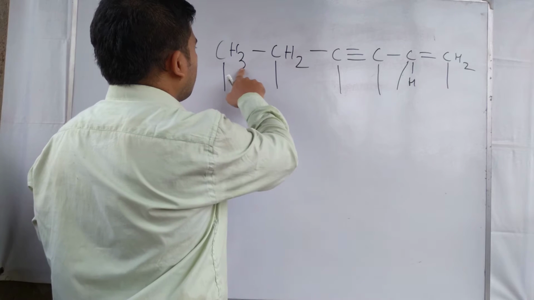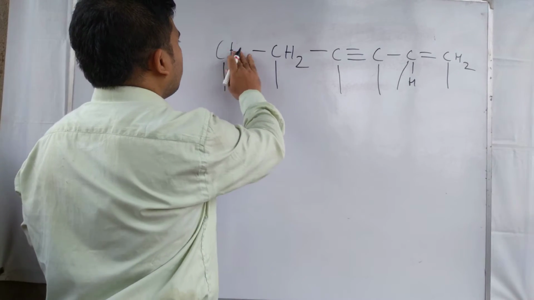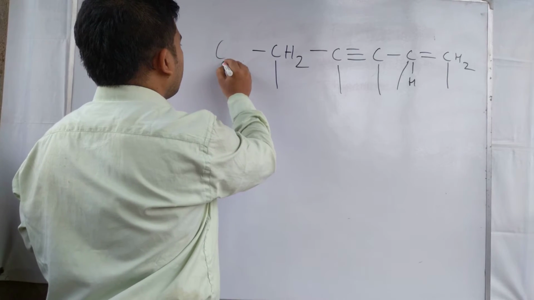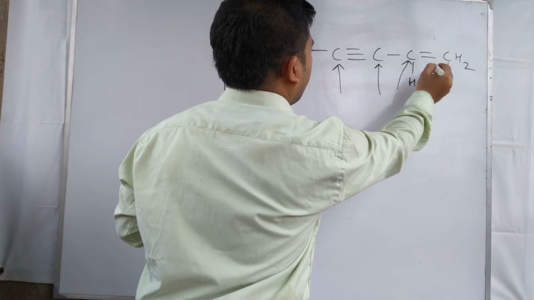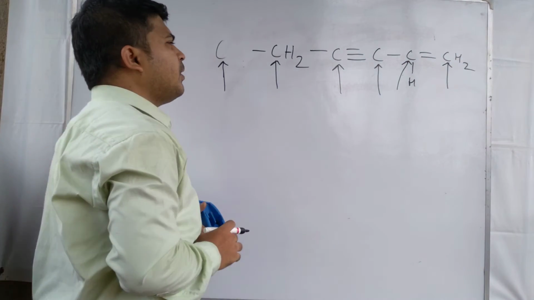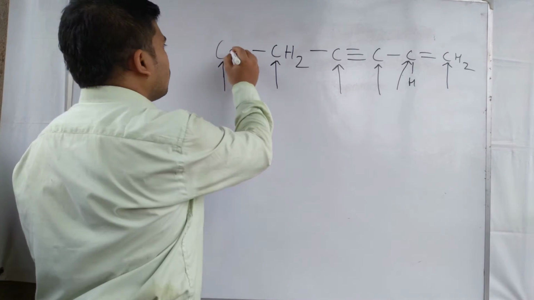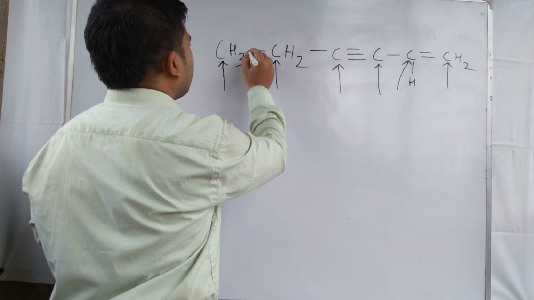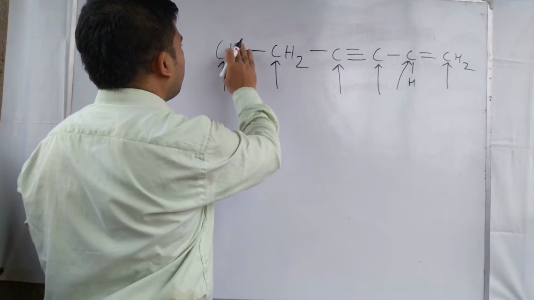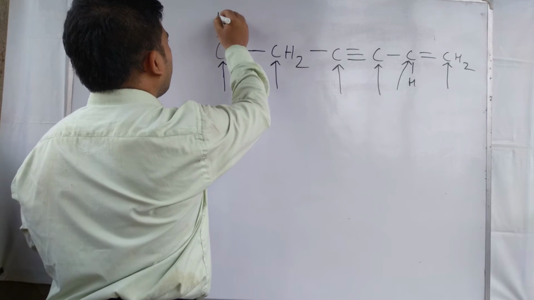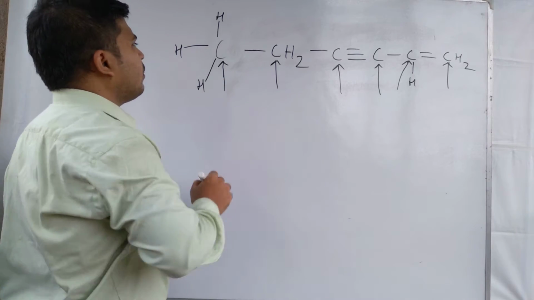It is better to give an arrow to show the hybridization of each carbon for this compound. So this is the compound, and if we open up the hydrogen atoms attached to this molecule, this one is formed.